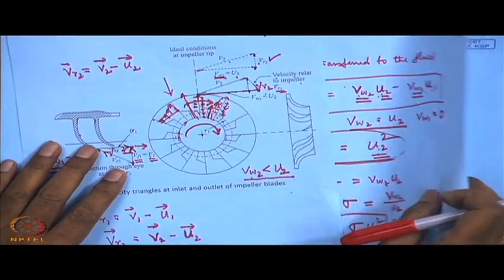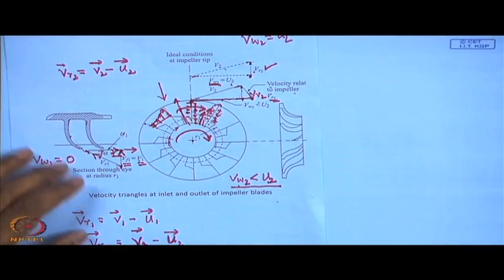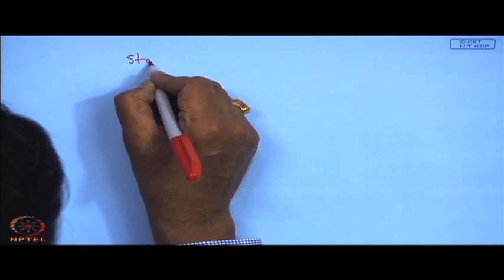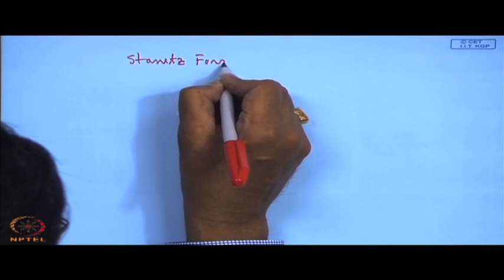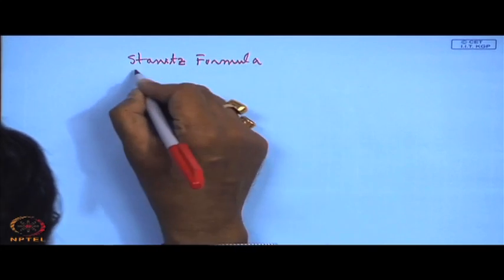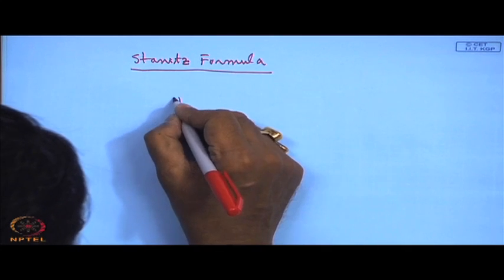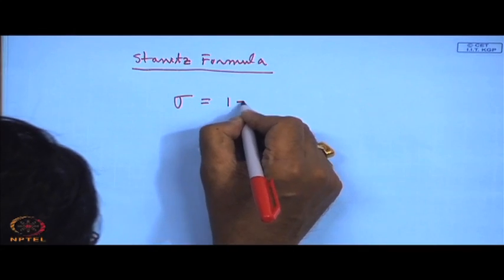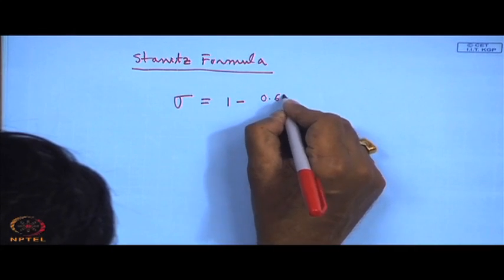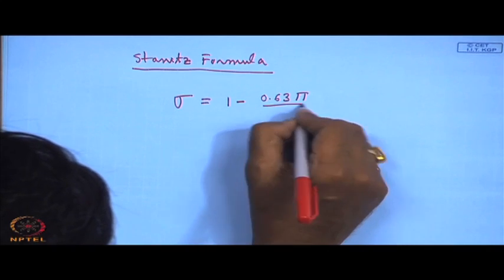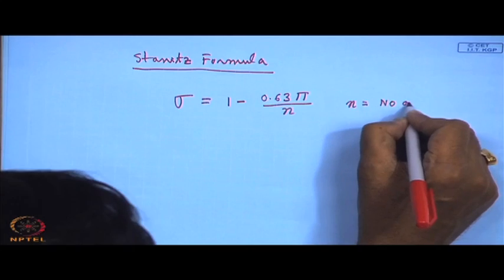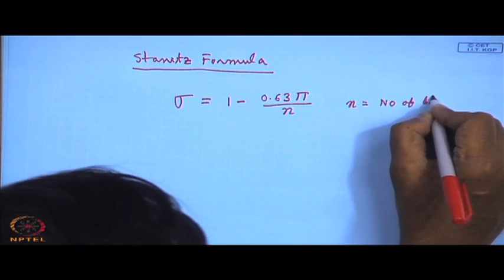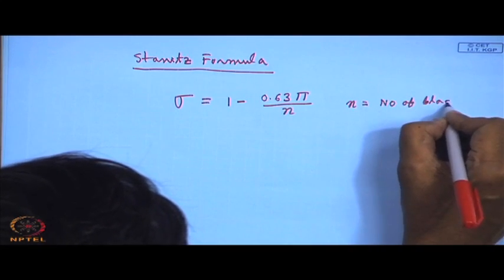There is a formula to find out slip, known as Stanitz's formula. Stanitz, from a potential flow analysis, expressed the slip like this: sigma equals 1 minus 0.63 pi by n, where n is the number of blades or vanes.